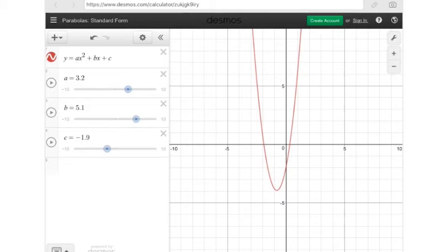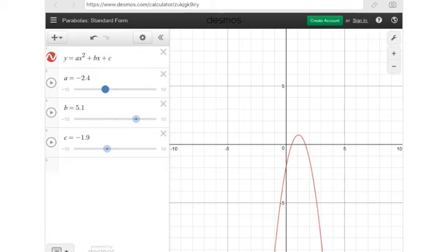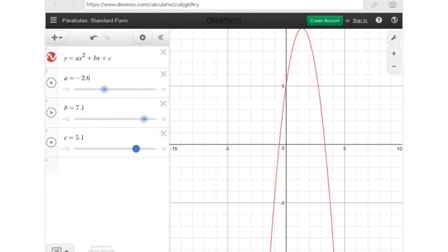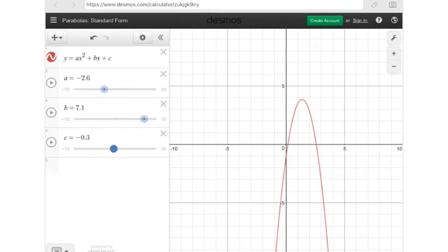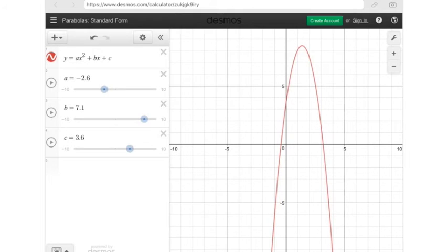You guys can also go to desmos.com and just play around with this curve. Now let's make a negative and see what happens. Right, so this gives a clear picture of how the curve of a quadratic equation looks.